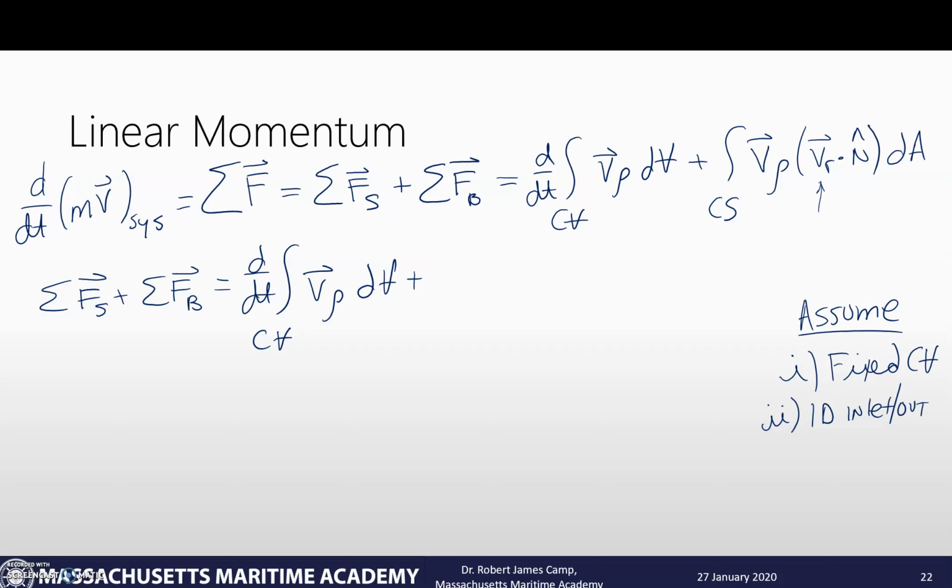V dot n ends up reducing down to plus v coming out minus v coming in. So we have the sum of everything: v vector rho A v scalar out, minus the sum of v vector rho A v scalar coming in.